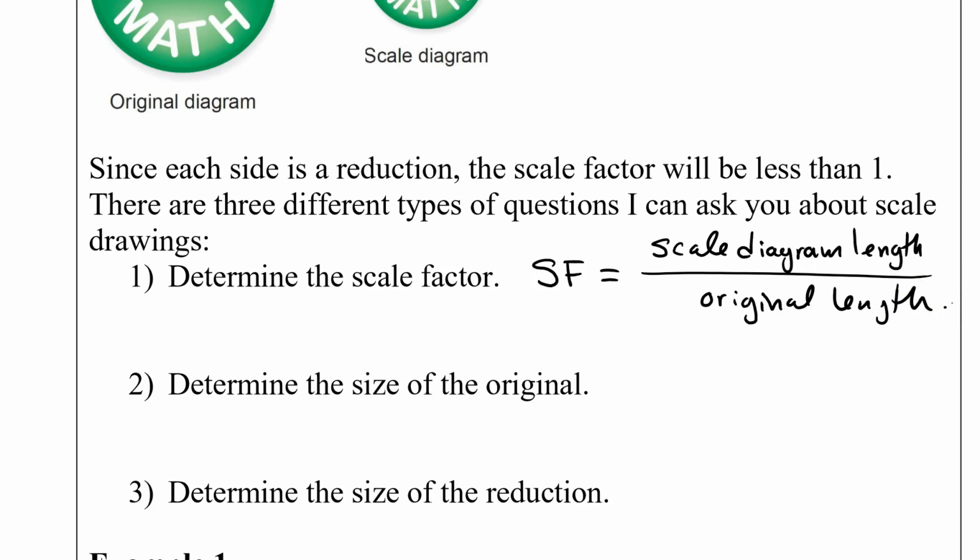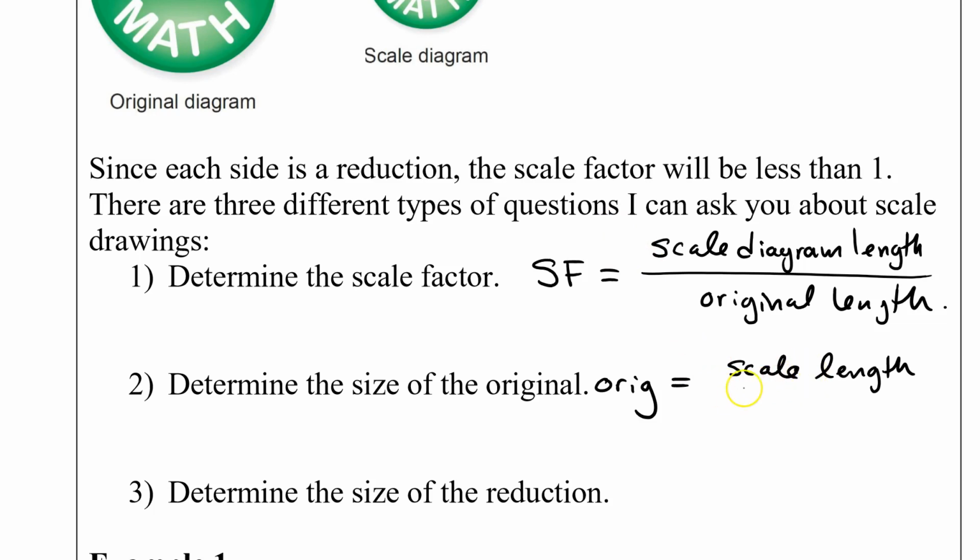Determine the size of the original. Well, what you need to do there is say the original is going to be your scale length. I'm using these to mean the exact same thing. The scale length and the scale diagram length are the exact same.